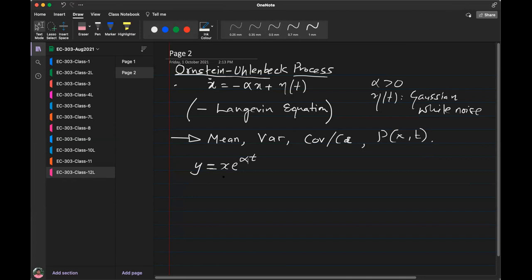We know that when there's an equation of this form, where you know the solution for one part very well and the other part is an additive term, there are some substitutions that work. In this case, it is this type of substitution. It is motivated by the fact that if we did not have the noise term, the solution is an exponential in time. X varies exponentially with time. That's the main motivation for choosing a form of this type. So I am now transforming the variable from x to y, where y is given by x times e power alpha t. Let's see how this substitution helps.